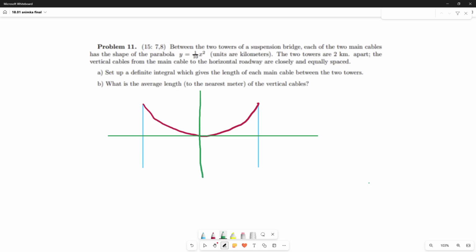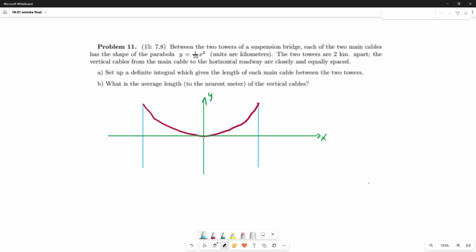Here is our x-axis, our y-axis. I need to redraw it because it's not upright. There it is. This is the x-axis and this is the y-axis.